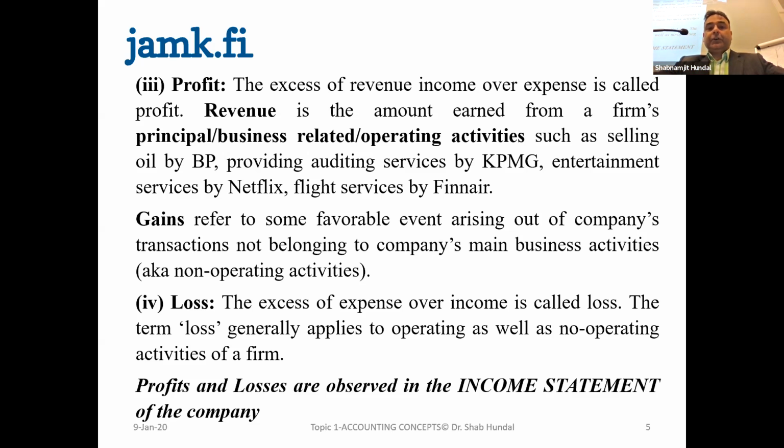This is the operation of the company. But here, I emboldened the word principal, main activity. All the revenue which is coming from the company's main activity is called revenue.